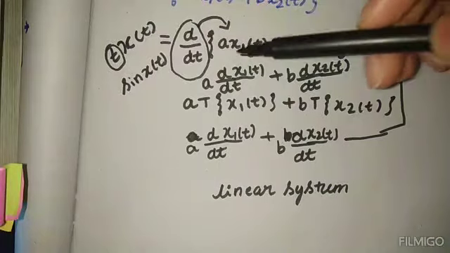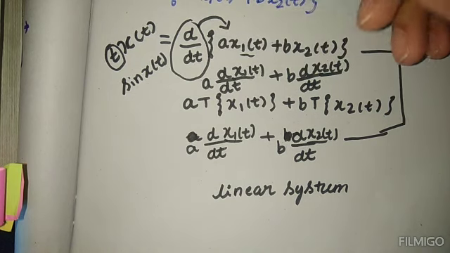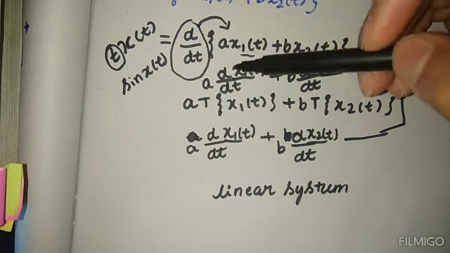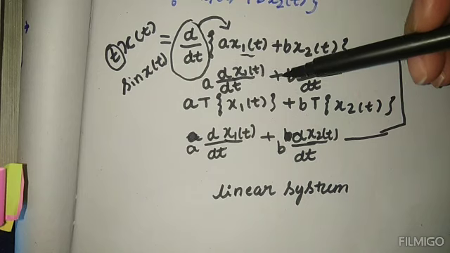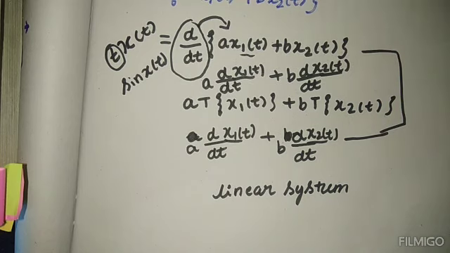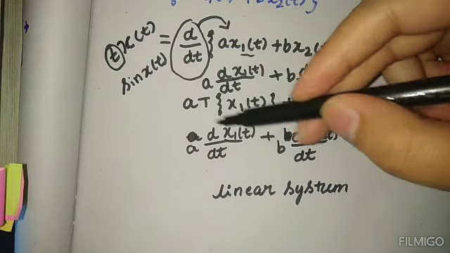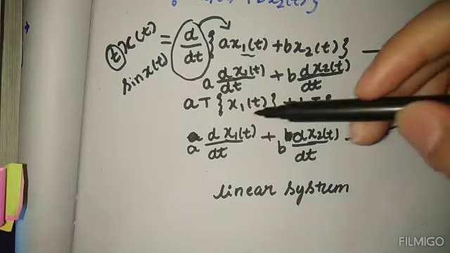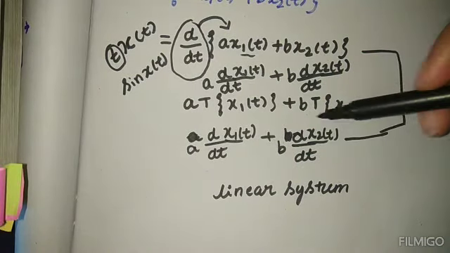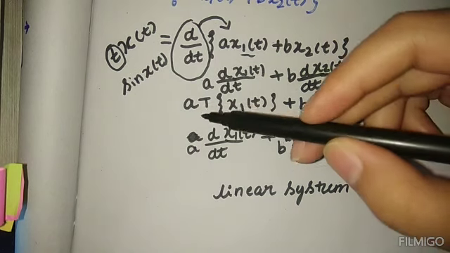So now when this differentiation gets multiplied to a x1 of t as well as b x2 of t, my resultant would be a into dx1 of t by dt plus b into dx2 of t by dt, right? When you take the separate transformation of x1 of t as well as x2 of t, you get d by dt of x1 of t as well as d by dt of x2 of t, along with the constants a and b.